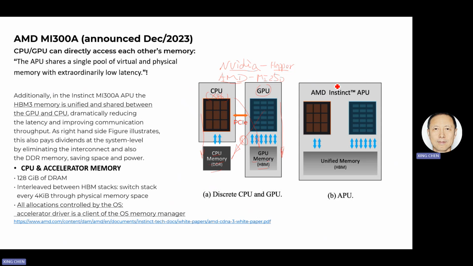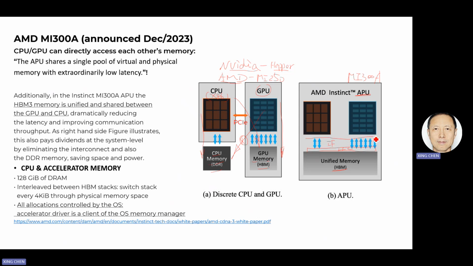But with this AMD APU, the MI300A, what we have is the unified memory, because this HBM memory is connected. There is also a layer, which is the last level cache layer. So the HBM memory and the last level cache, and then this is the Infinity Fabric.